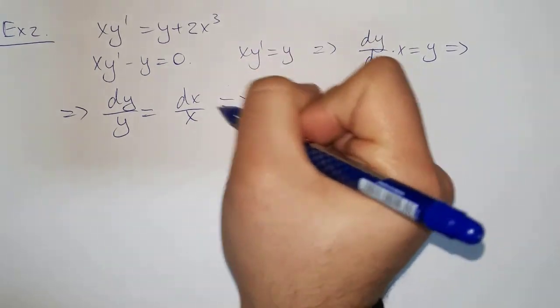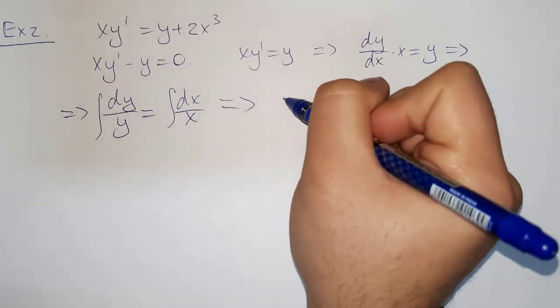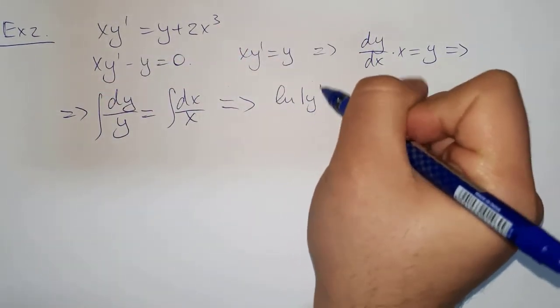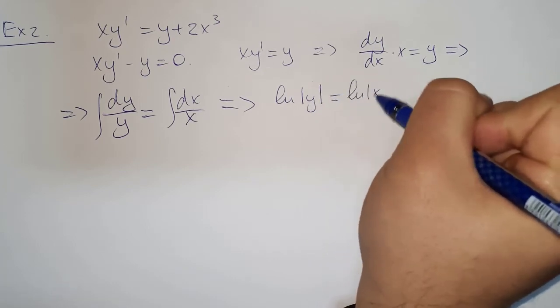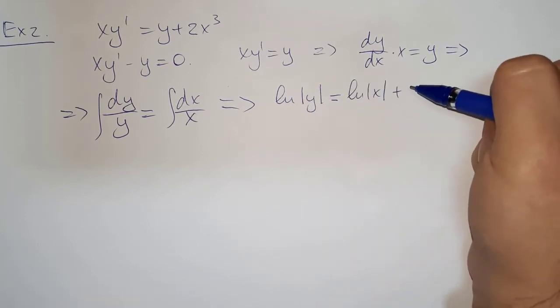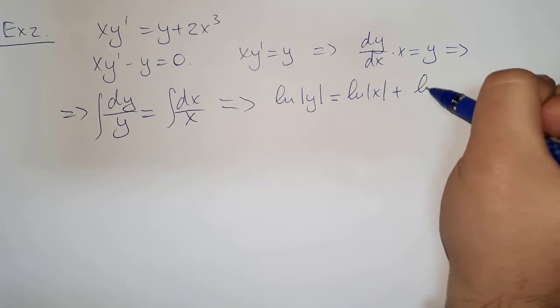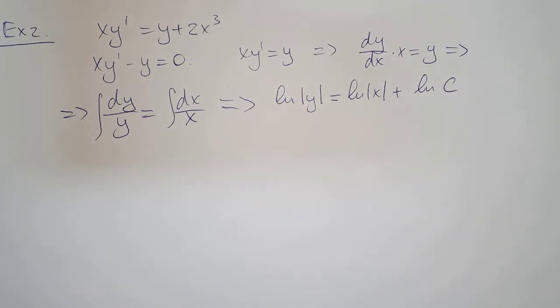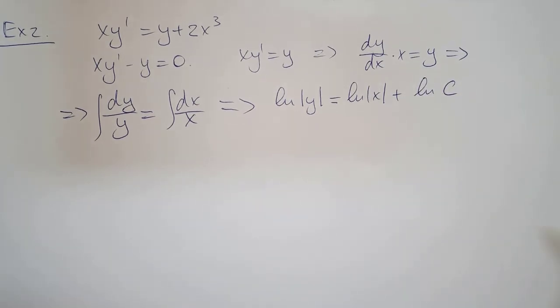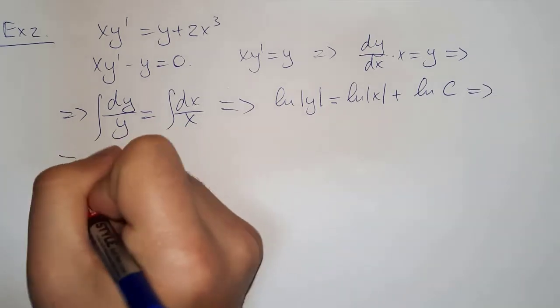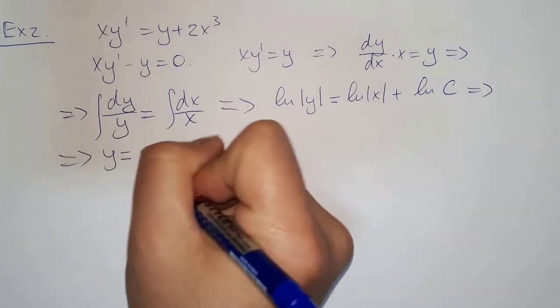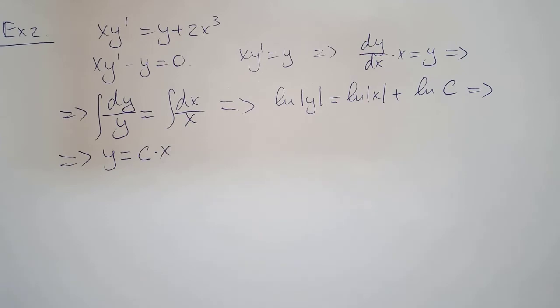Hence, after integrating both sides, we'll get natural logarithm of y is natural logarithm of x plus any constant, which we can write as natural logarithm of c. And here we have the following answer: y is c times x. This is the general solution of the homogeneous equation.